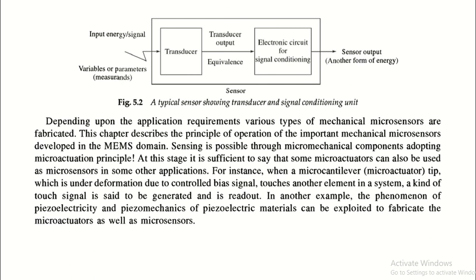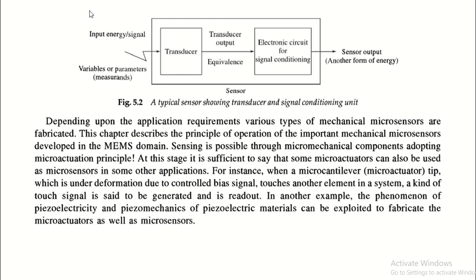So here a typical sensor showing transducer and signal conditioning unit is shown. So as discussed, the combination of transducer along with the electronic circuit for signal conditioning is known as a sensor.